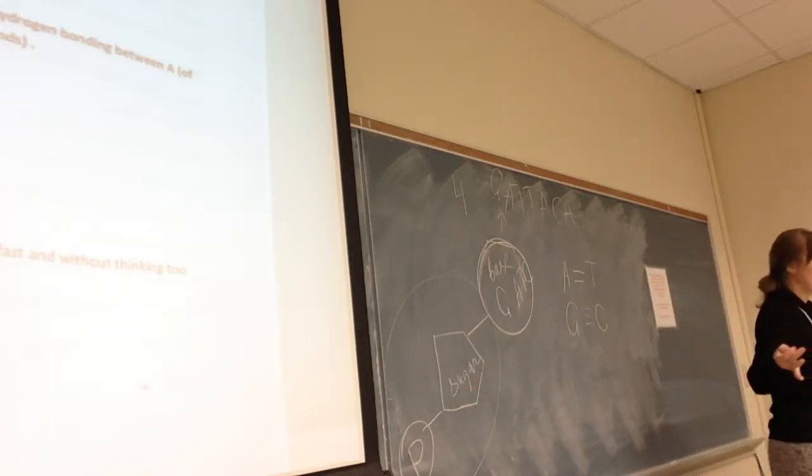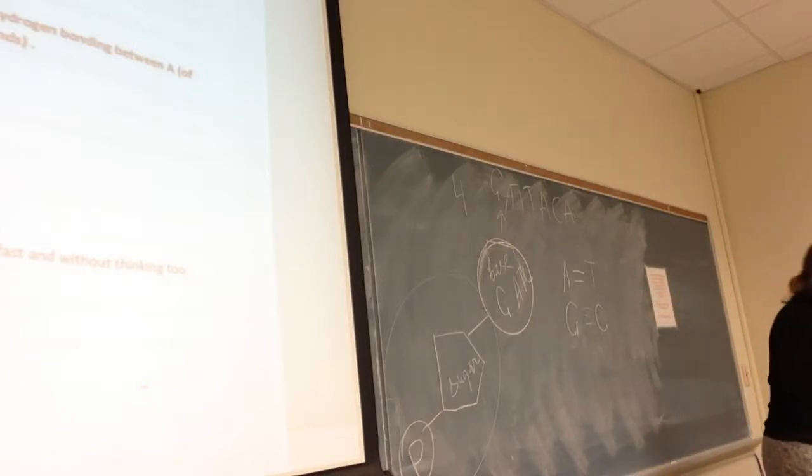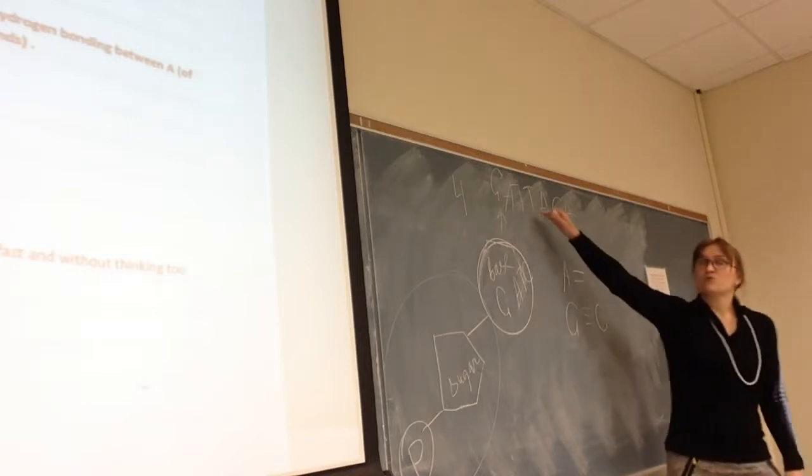That is chemically possible, so we will get this long chain. Now, concept 2, DNA is a double helix. Two spirals held together by hydrogen bonding between A and T, and G and C nucleotides.